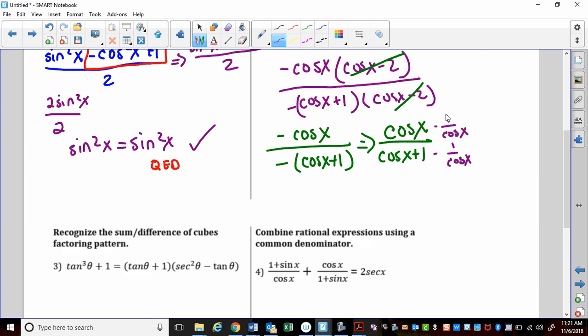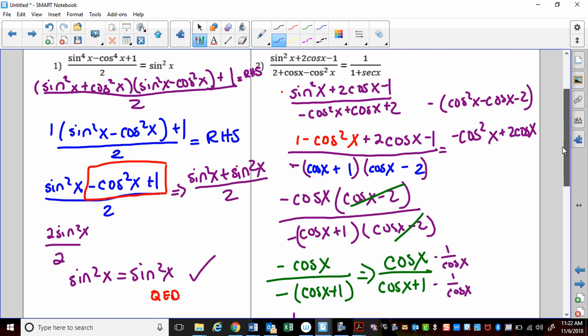As long as you do it to the top and the bottom, that'll be okay. Cosine of x times 1 over cosine of x is 1. 1 times 1 over cosine of x is secant of x. And that does equal the right-hand side.